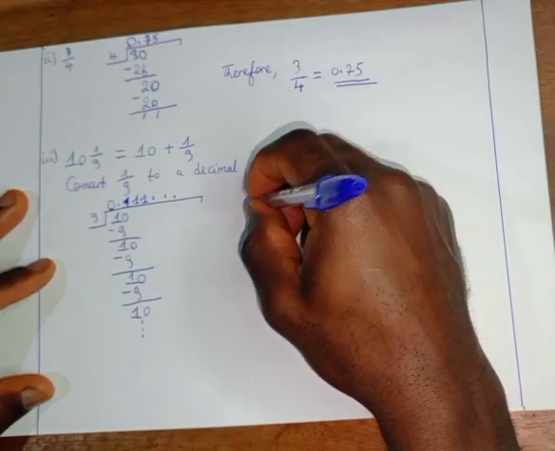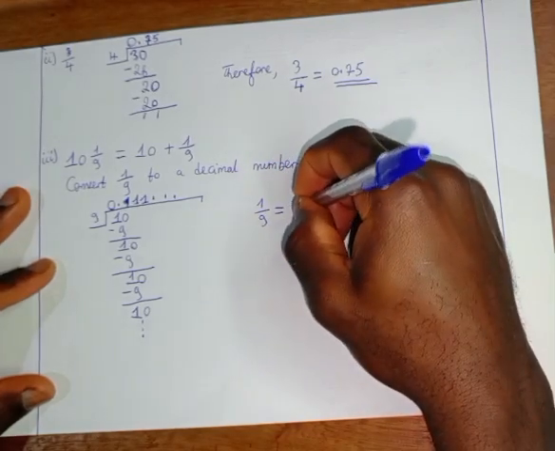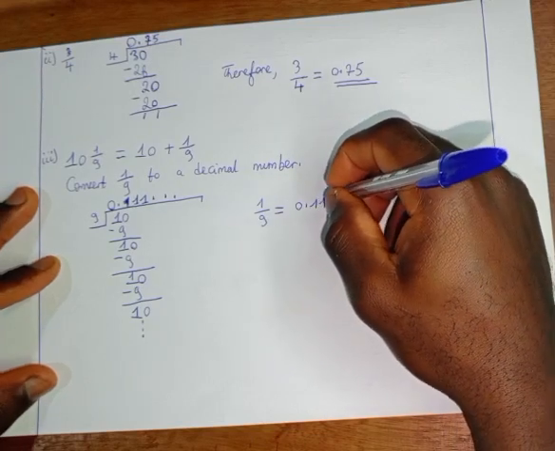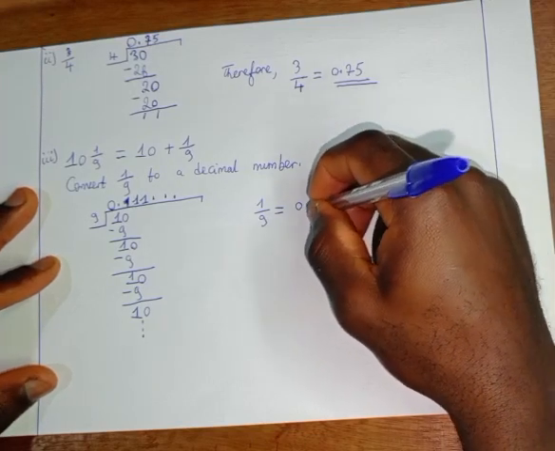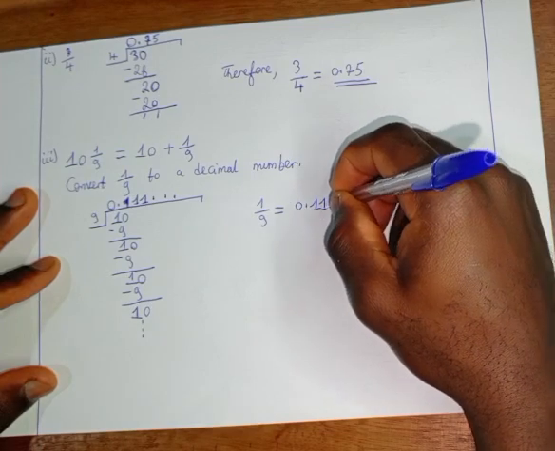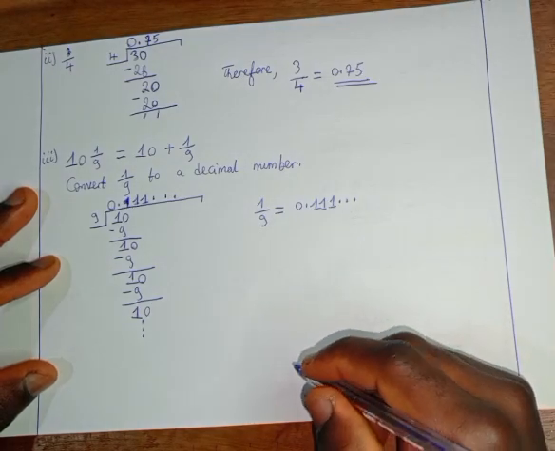It simply means the fraction 1 over 9 is equal to 0.1111 with 3 dots, which indicates that the digit 1 repeats, it continues.